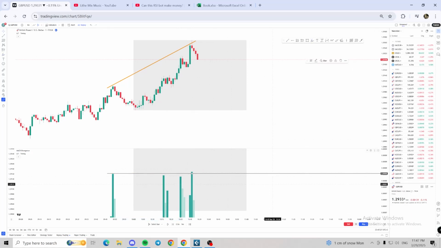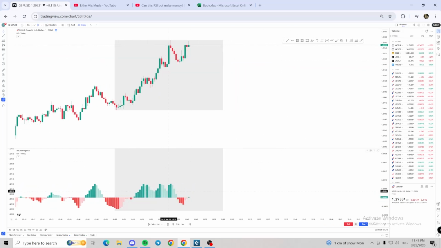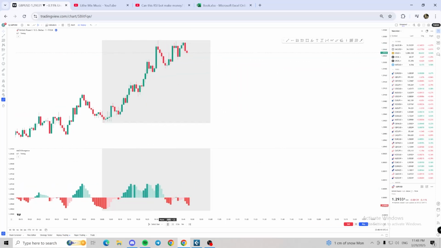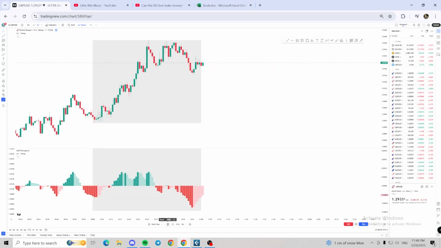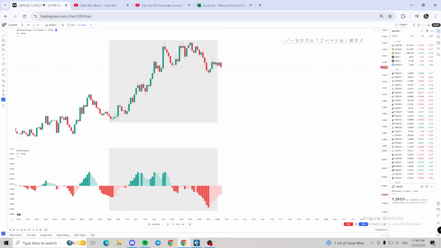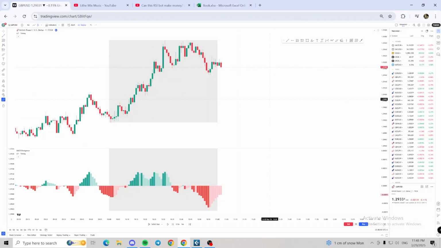This high here is higher than this one, so no divergence. Okay, so again, no setup. So far 5 and no setups.